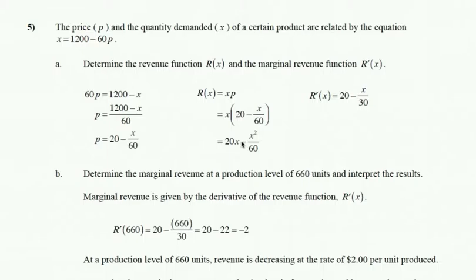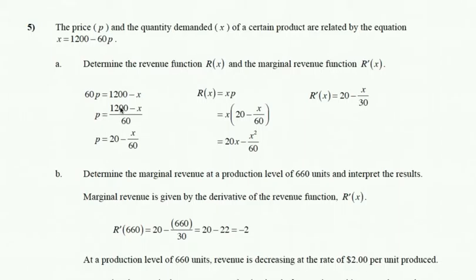equation. So what I've done here is I've added 60p to both sides and subtracted x, and so that's what you see here. Then I divide both sides of this equation by 60 to isolate the p.